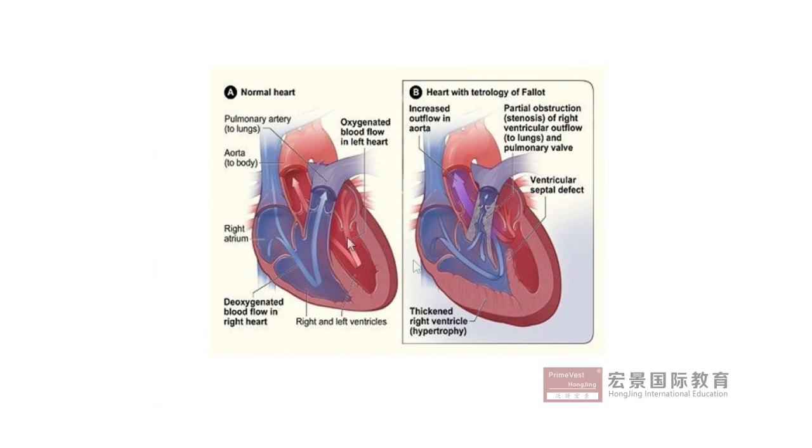So this is a normal heart. Here we can see there's a narrow chamber around the tricuspid valve that causes stenosis of the pulmonary artery, and the ventricular hypertrophy, and the VSD, and the override of the aorta.